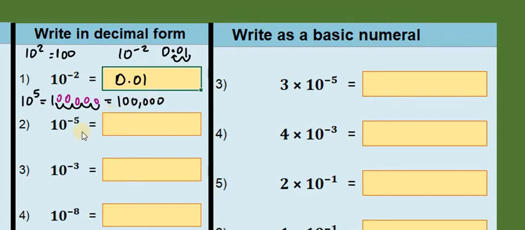So now, if we were given the opposite of 10 to the 5th power, which is 10 to the negative 5th power, what direction would we go? Instead of going to the right, we'll go to the left. So let's do the same thing here. We start with 1. The point is here in 1, of course. You put 1 in your calculator, you see the point at the end here, right? And we're going to go 5 places to the left, indicated by negative 5. So 1, 2, 3, 4, 5.